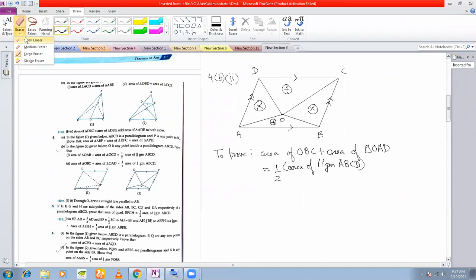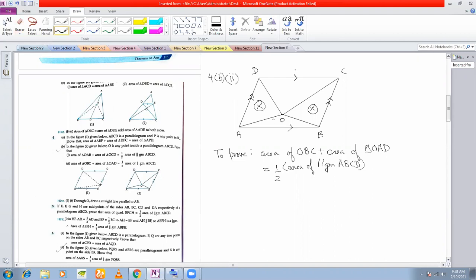And in this part of the sum, now we need to show that the sum of the areas of these two triangles, the ones that I marked in cross, is equal to half of the parallelogram. And if you remember, I had drawn a line parallel to AB and BC last time, right? For part 1. Now, we are concerned with these two triangles.